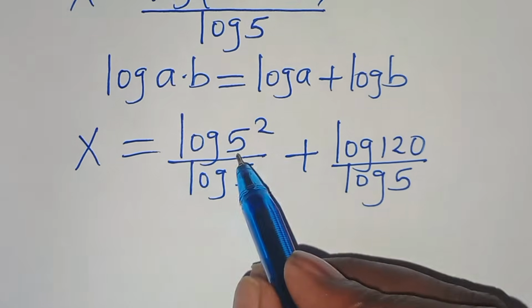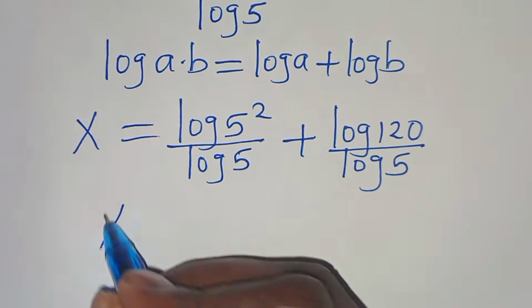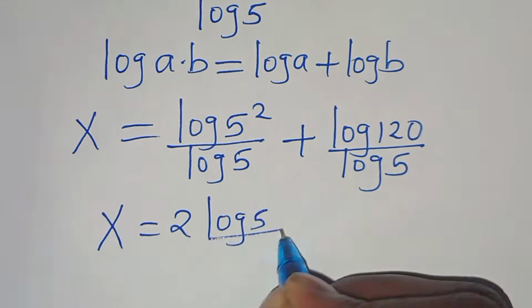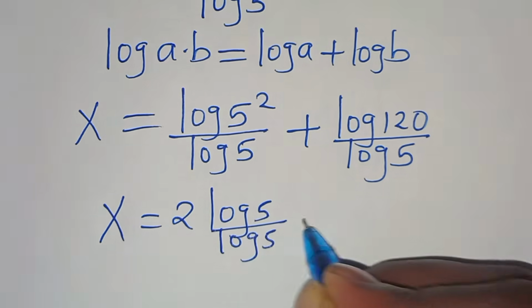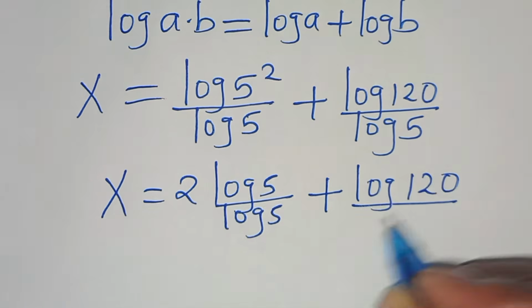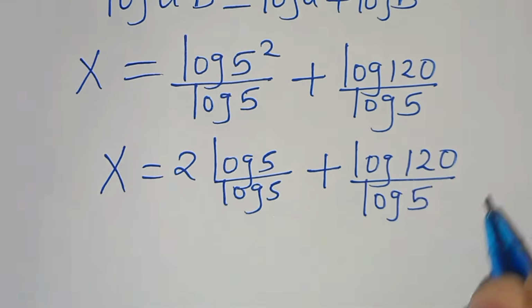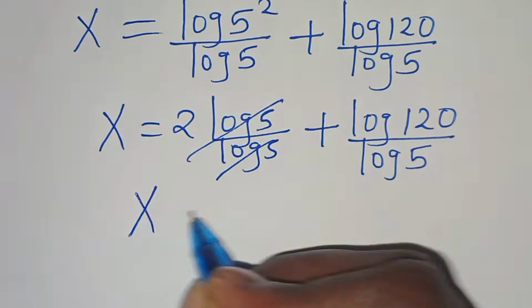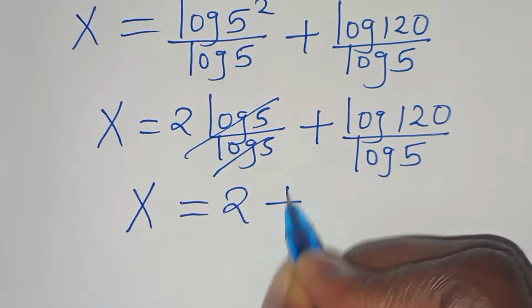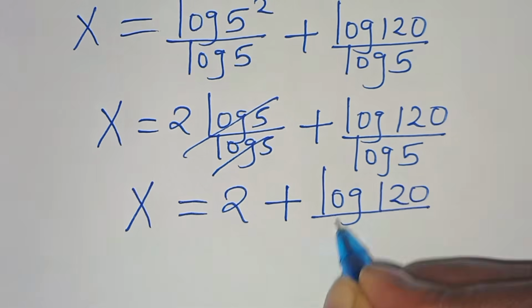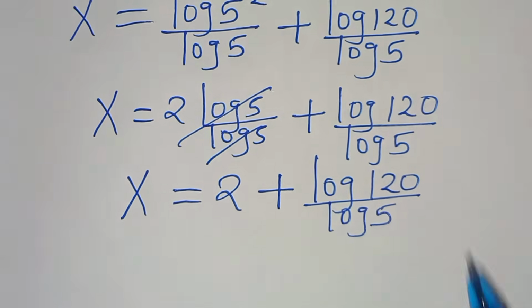So we can express log 5 to the power of 2 as 2 log 5 divided by log 5, then plus log 120 divided by log 5. So let's simplify log 5 and log 5 here, so that we have x equal to 2 plus log 120 divided by log 5.